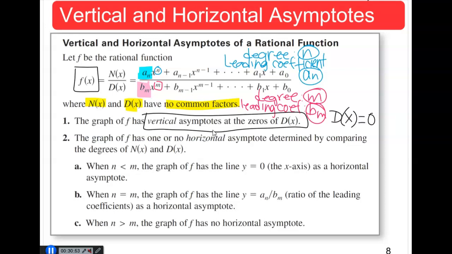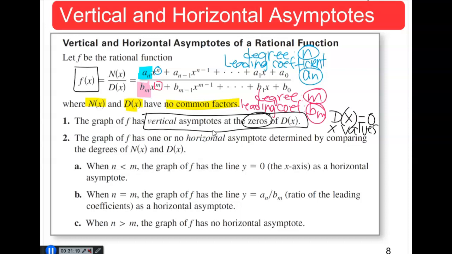And we find the x values, and we could have more than one vertical asymptote. They are the x values that make that denominator equal to 0. That's why it says we're looking for the zeros. And remember, if it has no real zeros, then there are no vertical asymptotes, like the example of the graph that we saw.